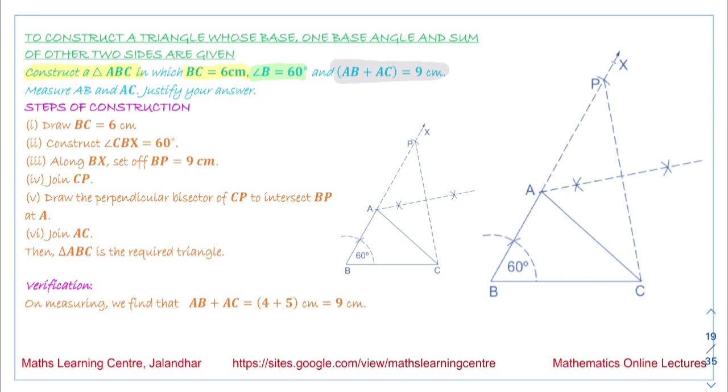We have to construct this triangle, and then we have to measure the sides AB and AC. So to construct this triangle, we have to draw BC equal to 6 centimeter.